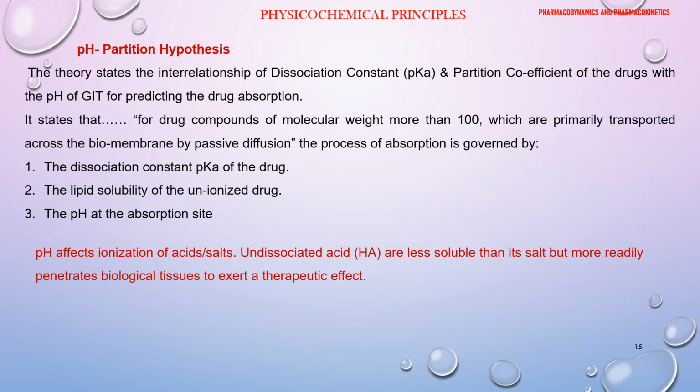The decrease in pH increases molecular acid, making the drug more soluble, but it decreases the salt concentration. The undissociated form is less soluble in water but can readily penetrate through the membrane. Hence, while designing a drug, a proper balance needs to be maintained between the salt form and the acid form.